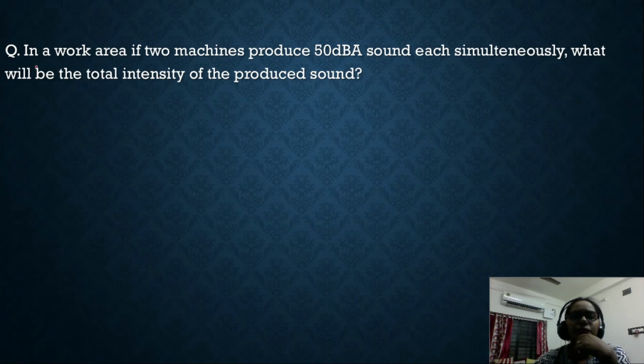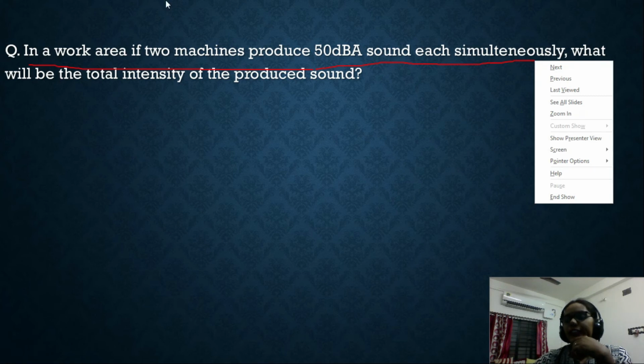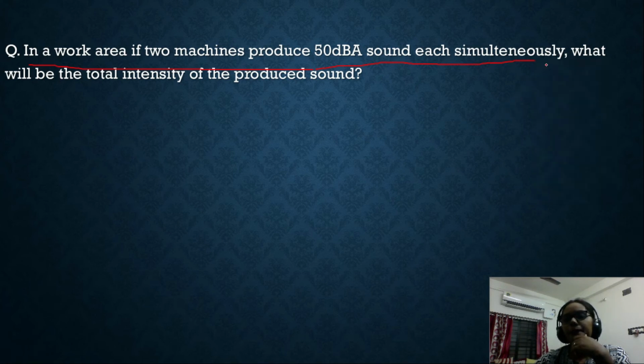The next question is: in a work area, if two machines produce 50 decibel sound each simultaneously, what will be the total intensity of the produced sound? We have done these types of problems in our previous class.